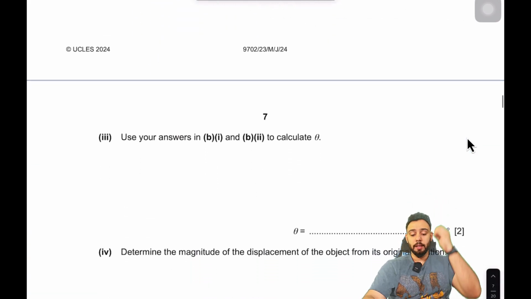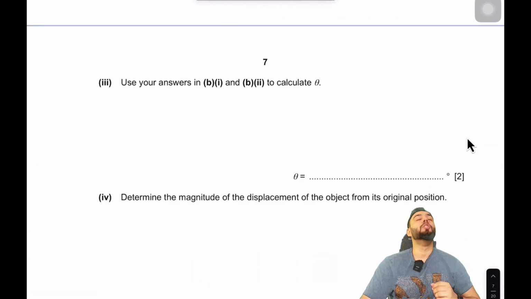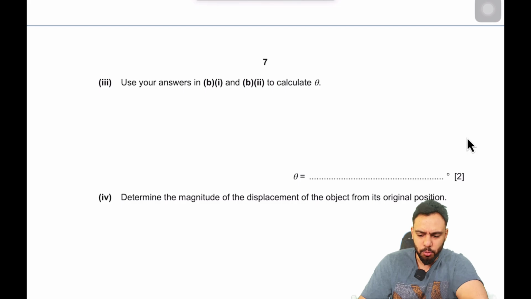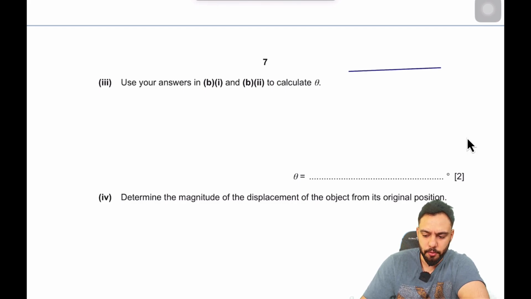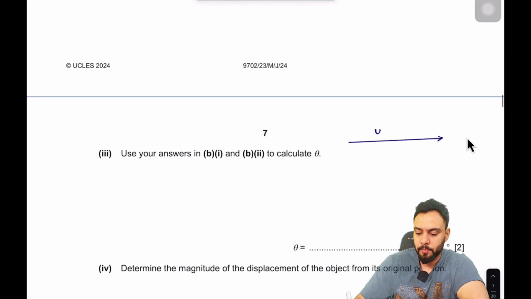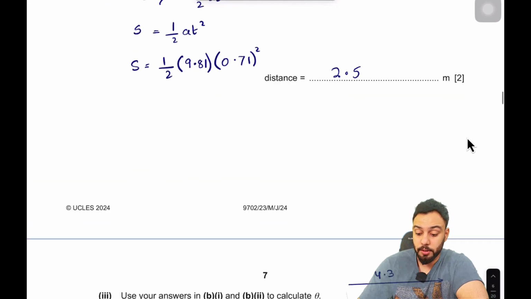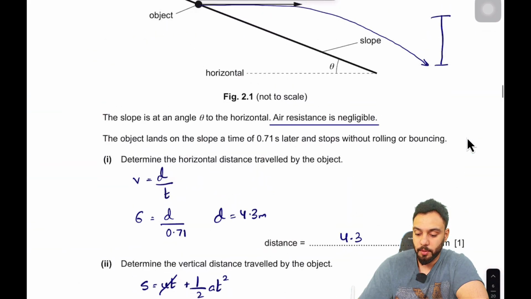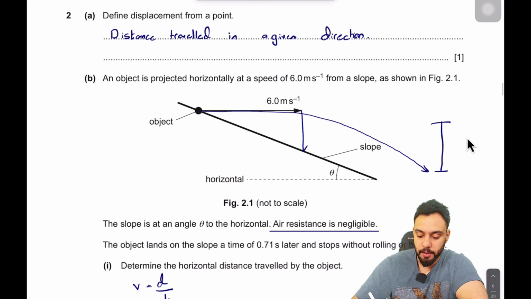Okay. In the third part, you're required to use your answers in B1 and B2 to calculate the angle. Again, it's quite simple. If you look at the horizontal part, they have traveled the distance of 4.3 meters horizontally. If you look at the vertical part, you have traveled the distance of 2.5, and you're required to measure this particular angle because these two angles are going to be equal.